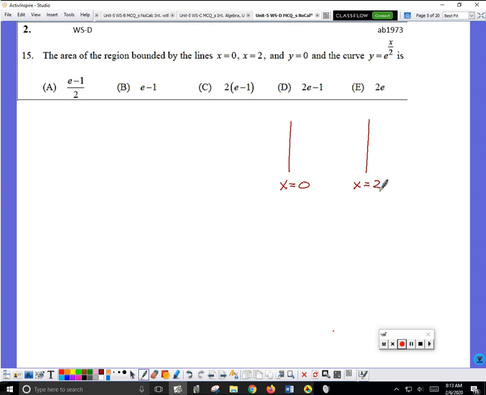Y equals 0, that's the x-axis. And this curve. We mentioned several times during the year that e raised to any exponent is always a positive value. So without going back and remembering exactly what this curve looks like, here's how I draw the curve. I know that every y-coordinate is positive, and it's some sort of curve, so good enough.